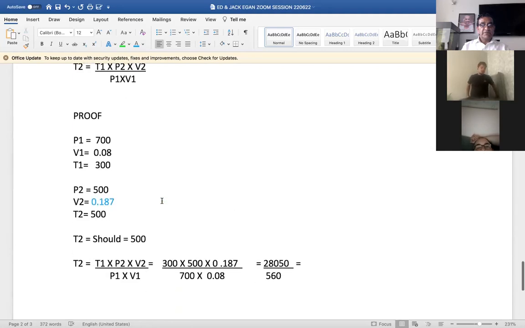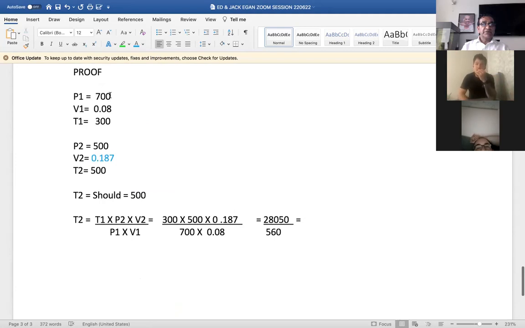So that's 700, I've got 700 there. V1 is 0.08. 300 is fine. So I'm saying it's 300 multiplied by P2, which is 500, multiplied by 0.187. That's fine. Then it's 700 times 0.08. Let me just do the maths again.